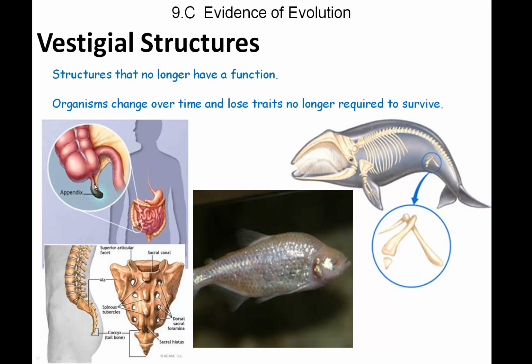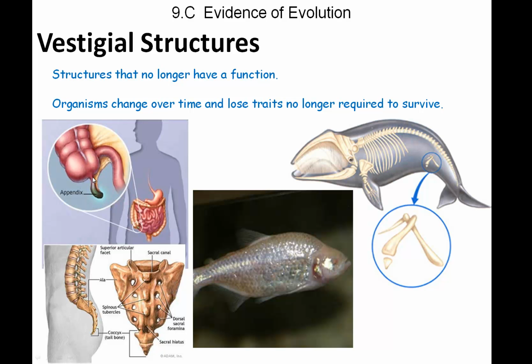You can see it's at the bottom of your large intestine. It tends to collect a lot of bacteria, and if the bacteria take over, you can get an infection. It can swell, and if it swells too big, it'll burst, which will dump a whole lot of really bad stuff into the body cavity, causing peritonitis and probably death.